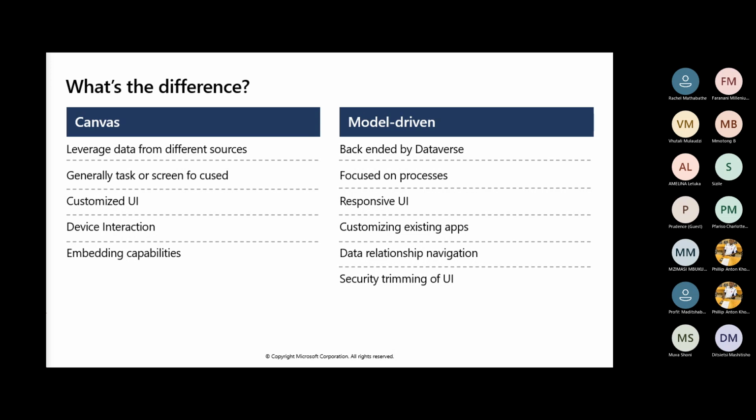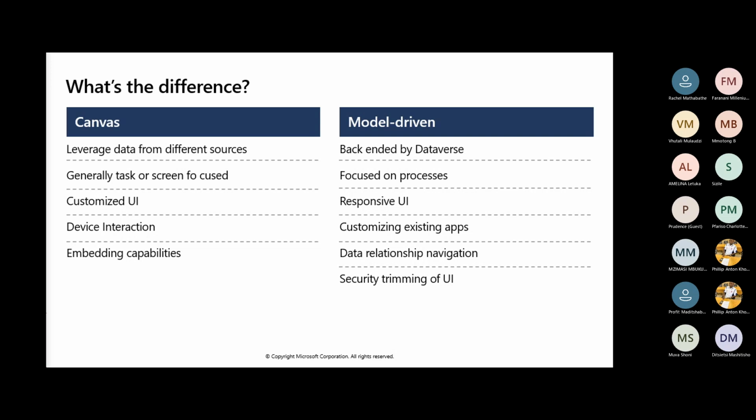So these are the processes. So with model-driven app, you would build some sort of a process of taking your data. From taking personal information, you are moving to educational information. So it's sort of a process flow, kind of. And then on Canvas app, you have a customized user interface. So you can customize however you want your user interface to look.